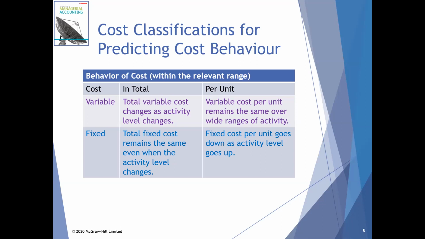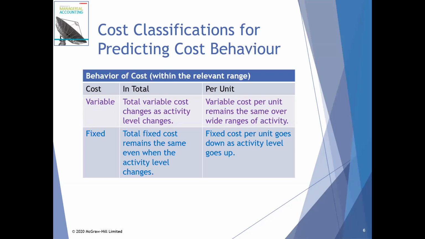So in this case, the variable cost per unit remains the same over a wide range of activities. There will be no difference. Per unit cost will remain the same. For example, one cardboard box is just $2. If you have manufactured one laptop, you need to spend $2, so per unit cost is $2.